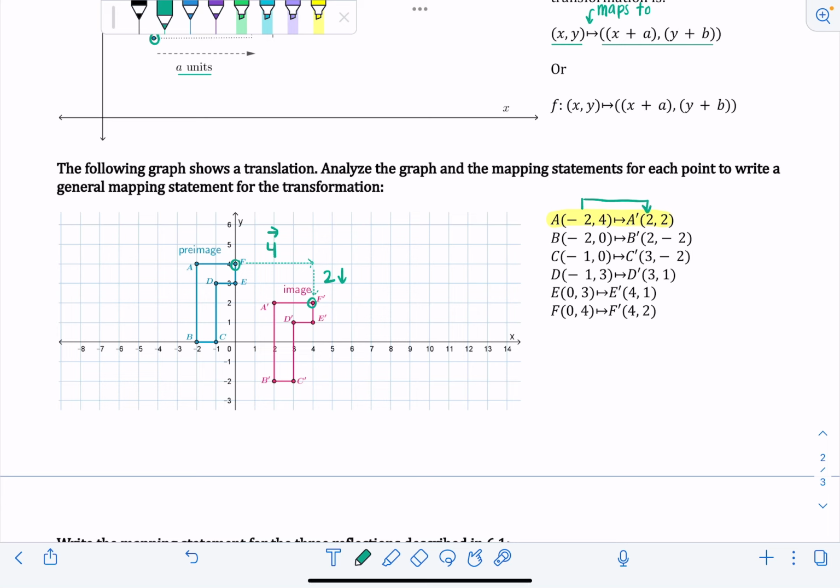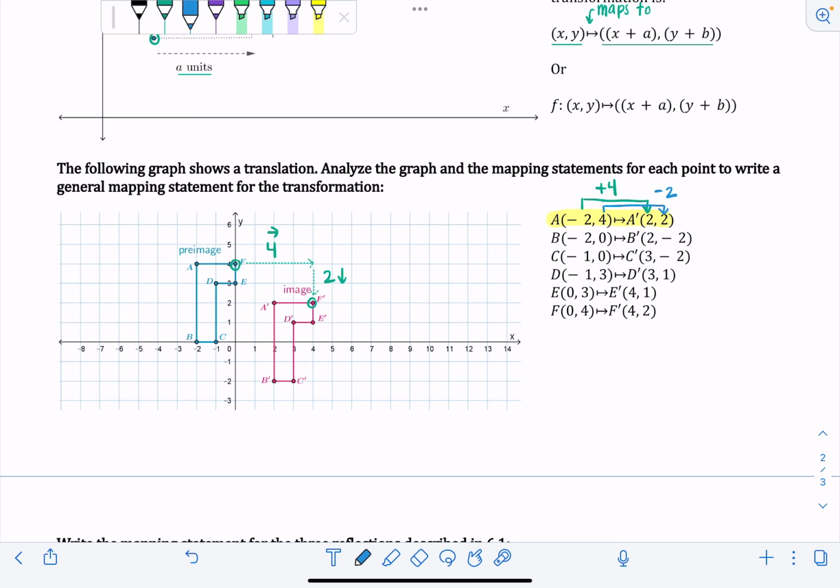So that's increasing by 4. And then for my y's, I'm going from 4 down to 2, so that's down 2, or -2.